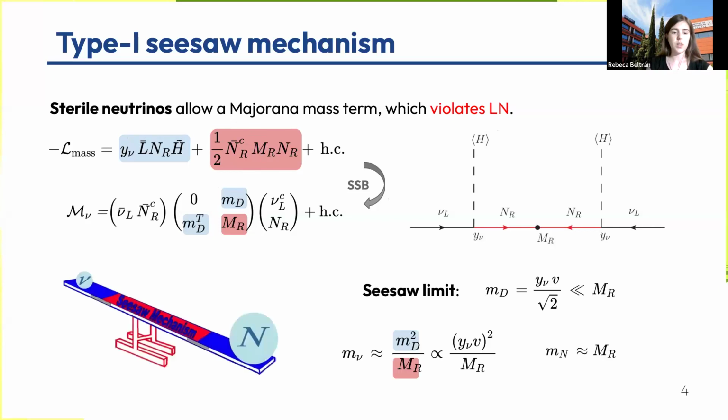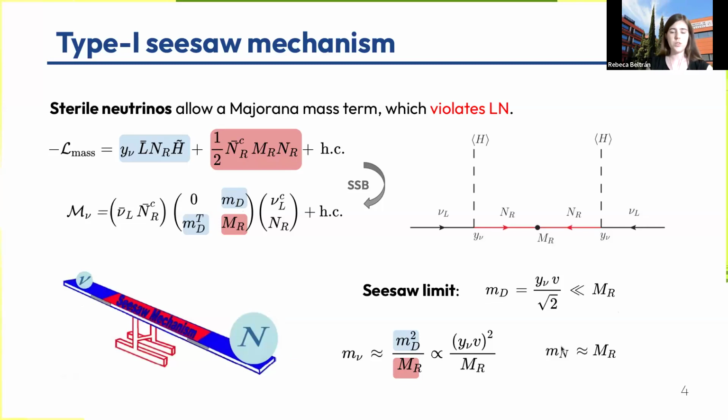And we can do that also assuming some hierarchy between these two scales. So if we assume that the Dirac type mass is much smaller than this Majorana mass term, then the diagonalization leads to eigenvalues, one light neutrino state and one heavy neutrino state.